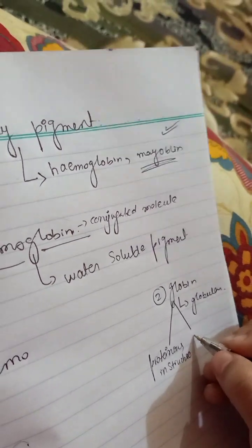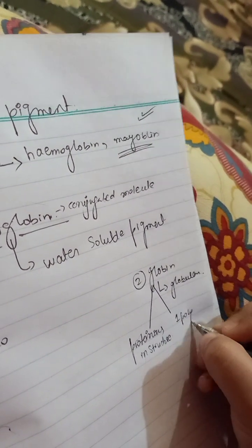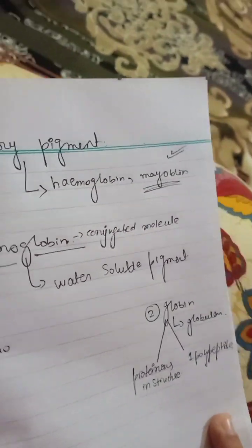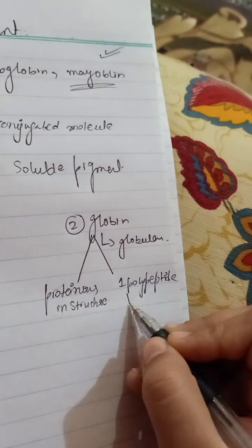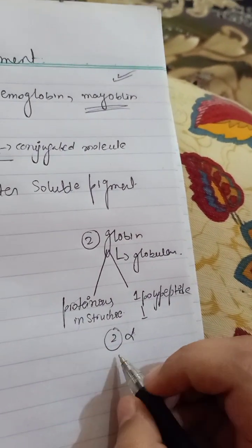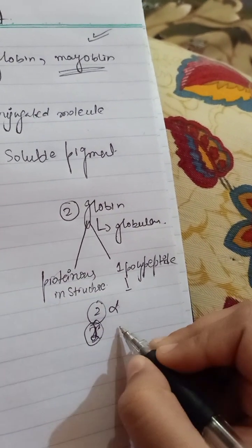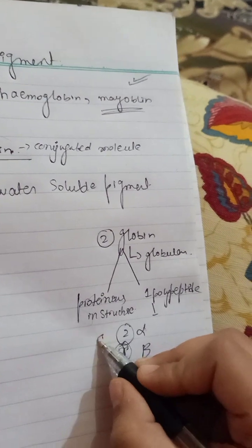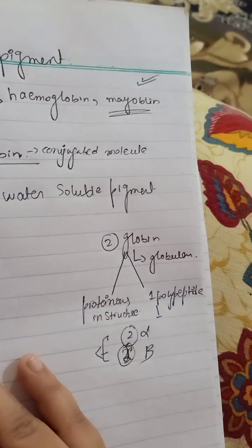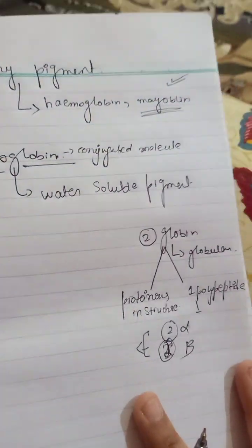The hemoglobin consists of one polypeptide chain, which is made of two alpha chains paired and two beta chains, which means we have four chains. Two are a pair of alpha and two are a pair of beta.